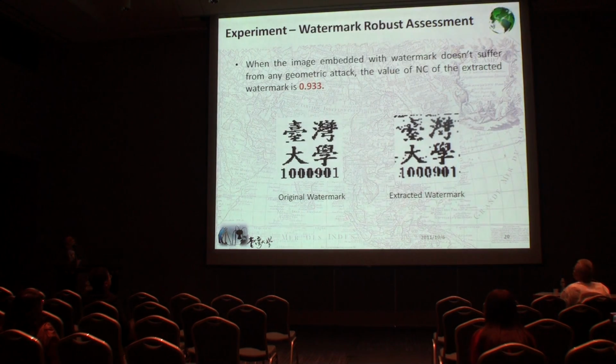And for the watermark robustness assessment, the normalized coefficient is 0.9. This is the original watermark, and this is the watermark retrieved from the images. And you can clearly find the National Taiwan University here.